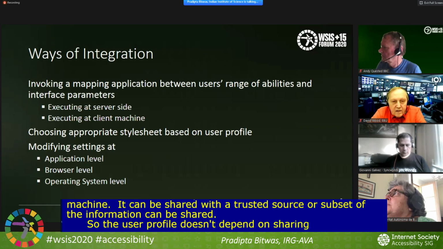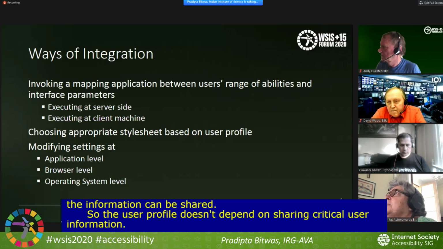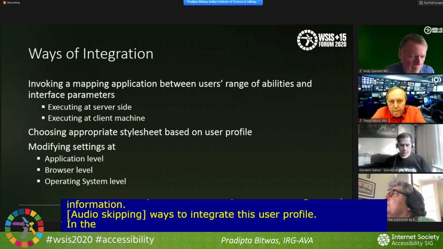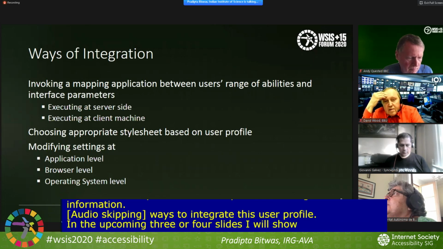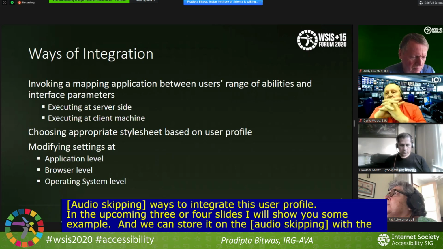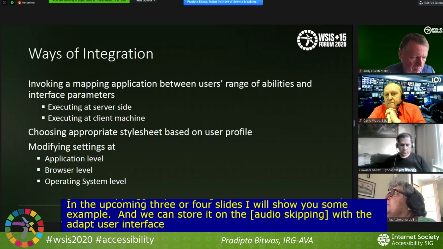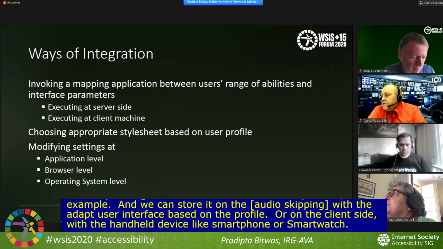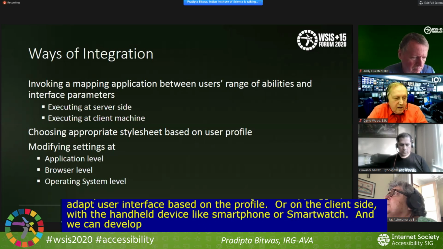There are various ways we can integrate this user profile. In the upcoming 3-4 slides, I will show you some examples. We can store it on the server side and run a server-side program which will adapt the user interface based on the user profile, or we can store it on a client machine, say your handheld device like a smartphone or a smartwatch, and develop programs which will change your user interface based on your range of abilities.